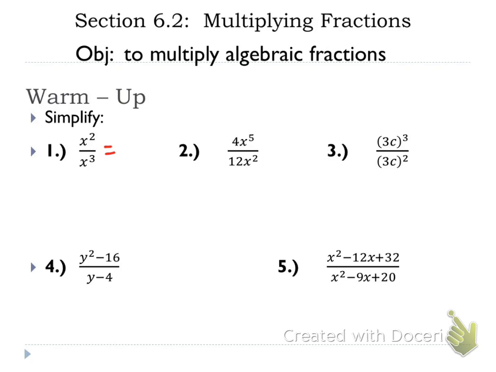We subtract our exponents. We get x to the first. We put it in the denominator because that's where the bigger exponent started. We have to have something in the numerator, so I put a 1 there as a placeholder.